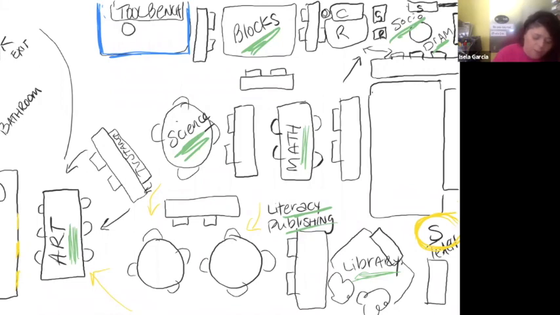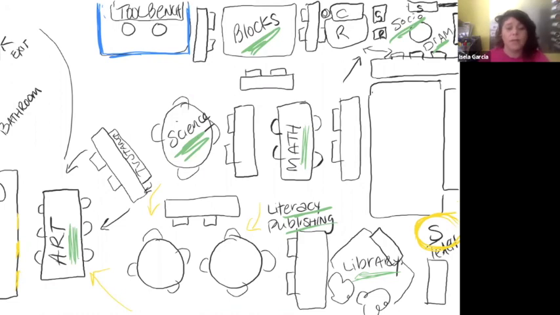I limited it to 2 children. So only 2 kids can be in that space. And I use the masking tape to create that barrier where children will know that when you go into this space, this is the 2 kids. So you can't step in unless it's your turn. That just promotes that expectation of safety and following the rules in that space.